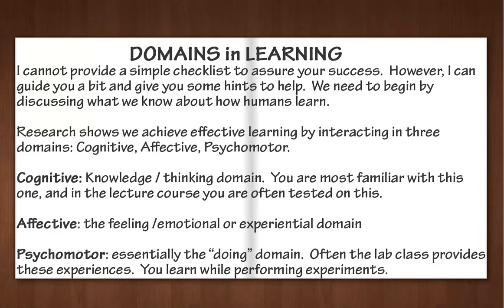And the hope is that by performing that experiment, maybe you use some of the skills you learned in lecture or some of the models that you built, and maybe you use that experimental data to reinforce that knowledge, okay? So the cognitive and psychomotor domains kind of interact, so to speak, in the lab class. And that's why we often make the lab class a co-requisite for general chemistry. You take the two, lecture and the lab, together.